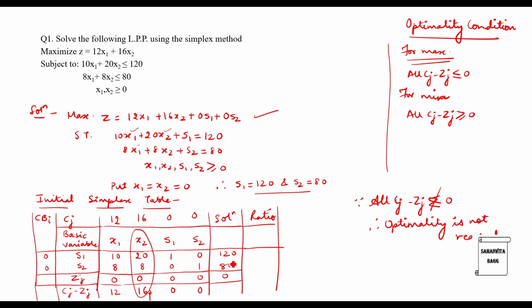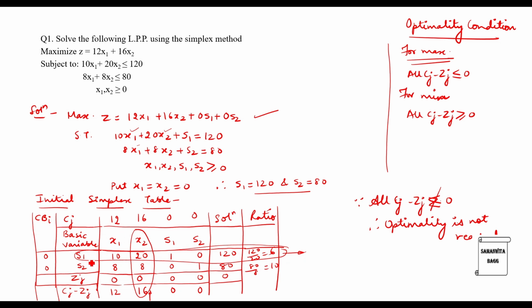For that, you divide the solution by the entering variable's value. So 120 by 20 is 6, and 80 divided by 8 is 10. Amongst these two, whichever is the minimum value is what we consider. So S1 is going to leave the solution.